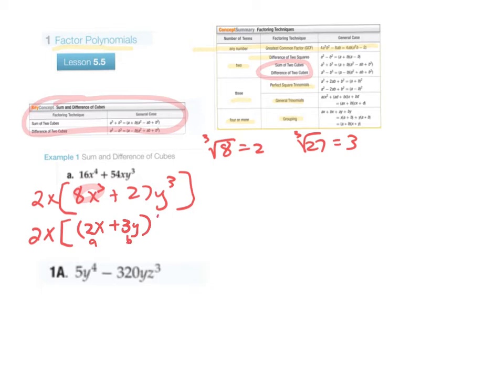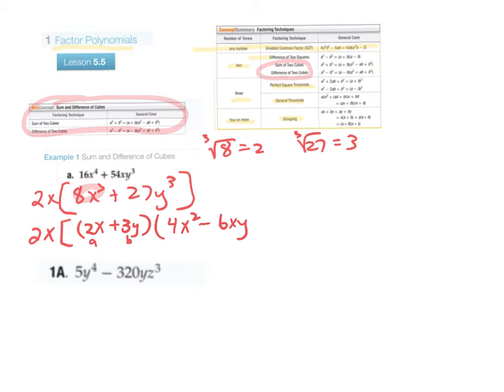Now I can go ahead and finish the formula. So for a sum, I'm going to take a squared. So a squared is 2x squared, which becomes 4x squared. And then I want to do a subtraction sign, and then I multiply a and b. So 2x times 3y is 6xy. And then I want to square my b.